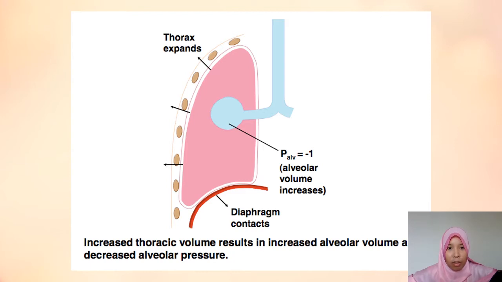When the thorax expands, you are increasing the volume of the thoracic cavity, and once this cavity is increased, the pressure inside decreases. The pressure outside is then higher, so when the pressure inside is lower than the outside, air from the outside will start flowing into your lung. And that's how you inspire. That's how it is at the start of inspiration.